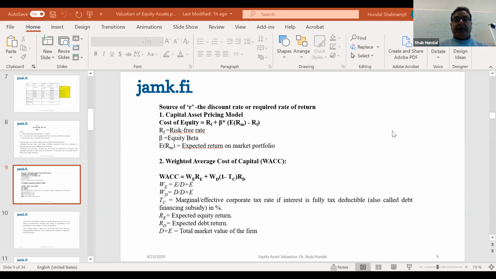First of all, the formula of the capital asset pricing model: if you want to have the minimum return on equity, the threshold, the risk factor which you must give to your shareholders, it should be equal to the return on equity: risk-free rate plus beta.